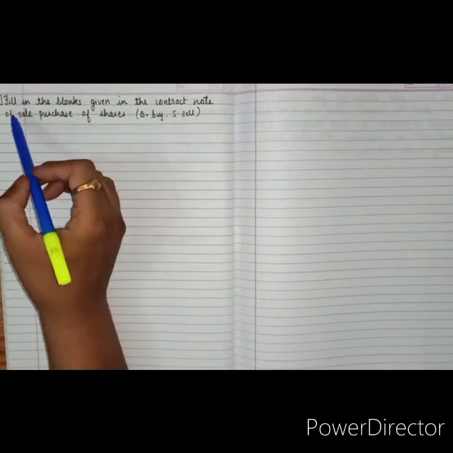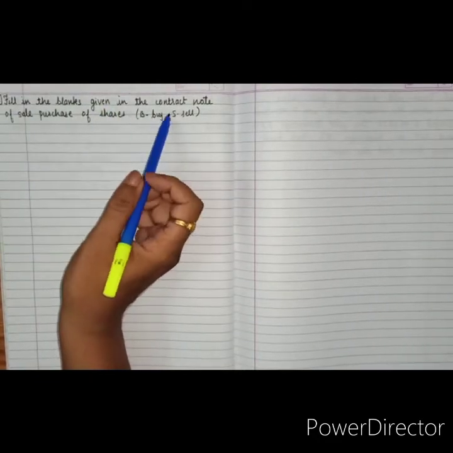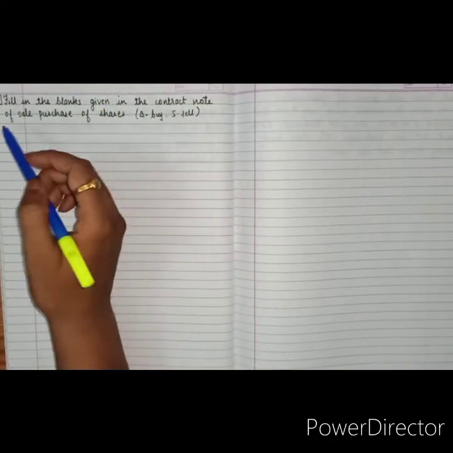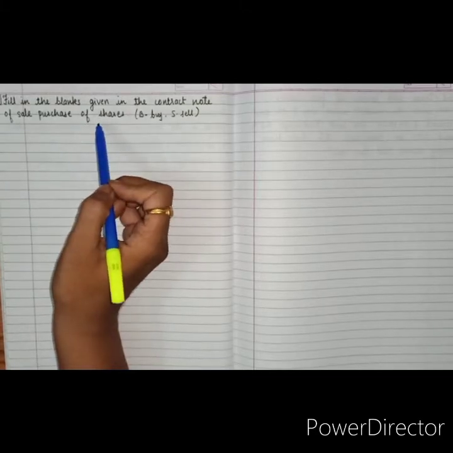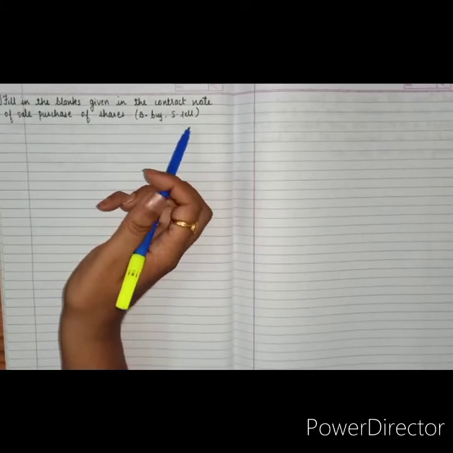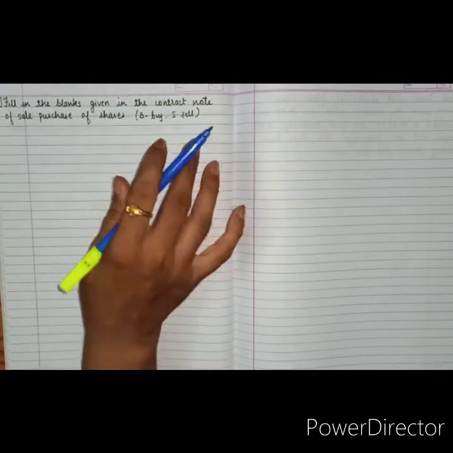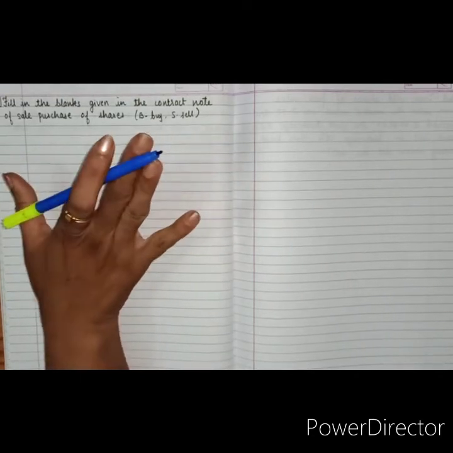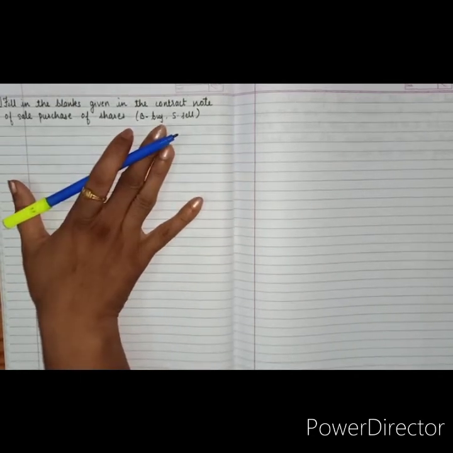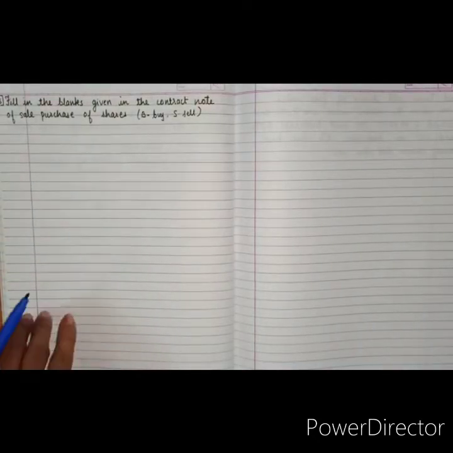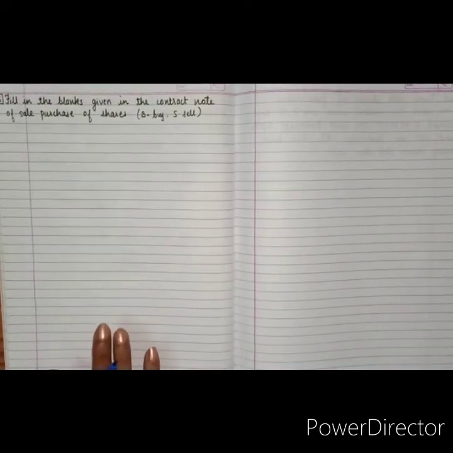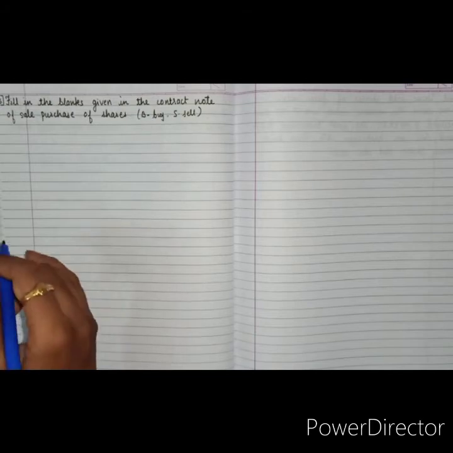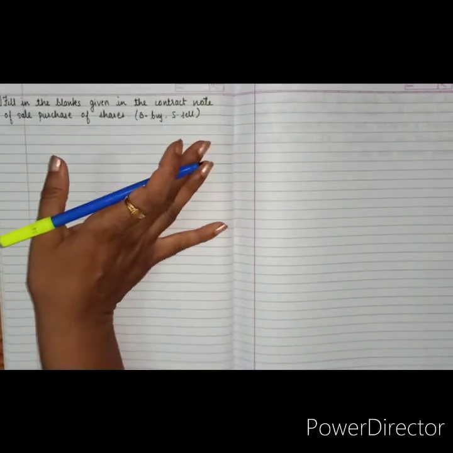Okay, let us see this third example. Fill in the blanks given in the contract note of sell purchase of share. Okay, B is for buy and S for sell. Table is there already in your textbook. Take reference of that table and I will go on solving so that you can understand. I'll keep on talking also, but you need to understand with the help of the table that is given in the textbook.